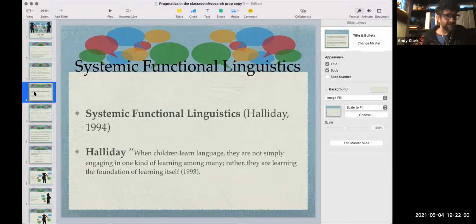I'm going to give you guys a quote here from Halliday. He said, when children learn language, they're not simply engaging in one kind of learning among many. Rather, they're learning the foundation of learning itself. So my interpretation of this is that children learn languages holistically. They acquire this data set, which is immediately put to use, but it's code-based.